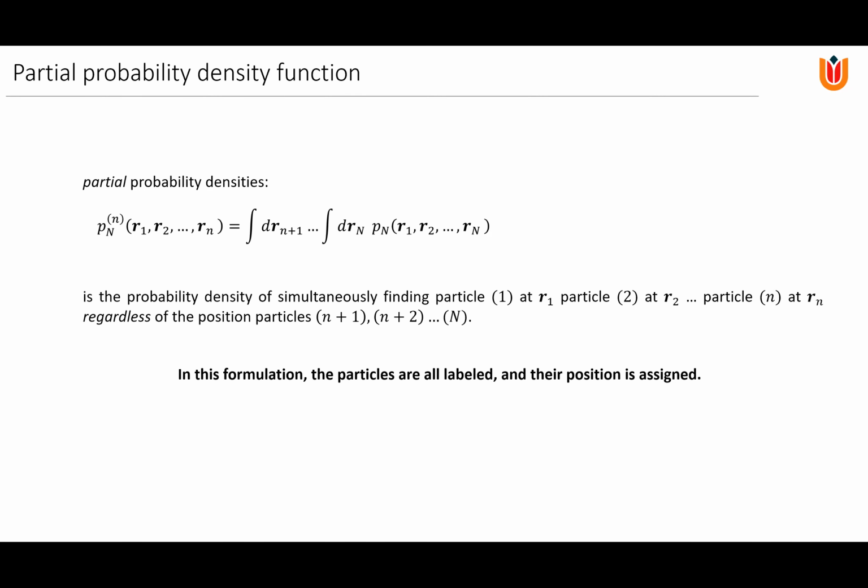If you use this formulation, then all these particles, 1 to small n, are labeled. So we have designated one particle in the volume as particle 1, and another as particle 2, and the positions are also assigned. This is really finding particle 1 in a volume at R1.